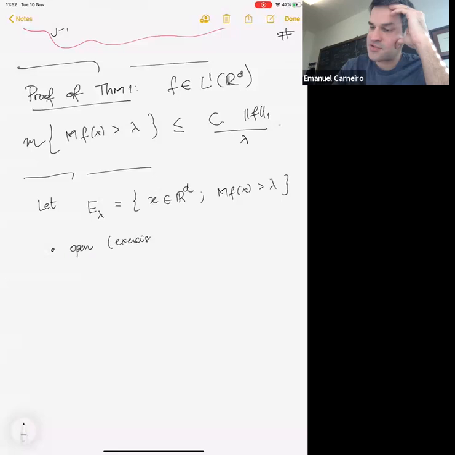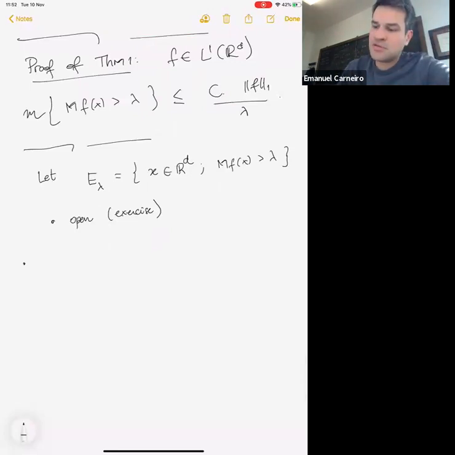This is an exercise for you to verify, in the sense that if a point x belongs to this set, meaning that the maximal function at x is strictly bigger than lambda, since the maximal function is a supremum of things, you will be able to find a ball around x on which the average of this function is bigger than lambda.